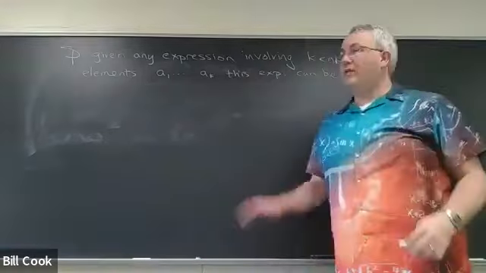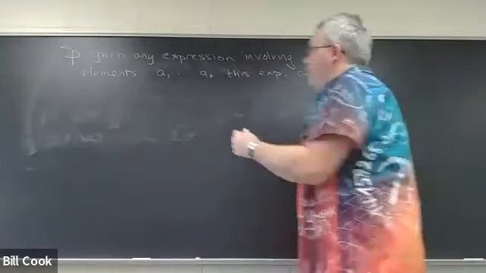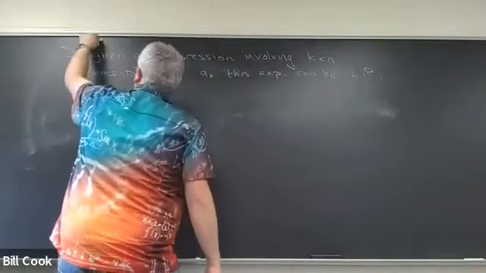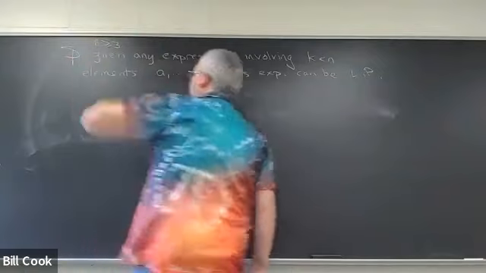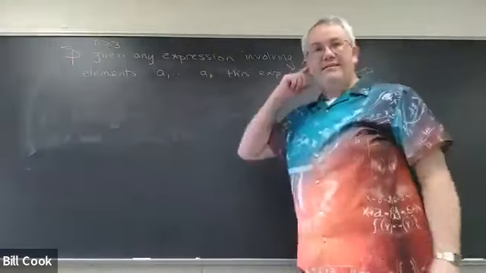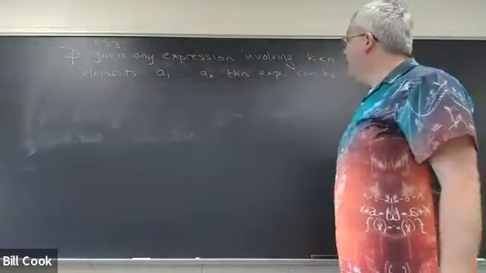Okay, so that's our inductive hypothesis. By the way, we're going to assume that n is at least 3, and we already did our base case for n equals 3.